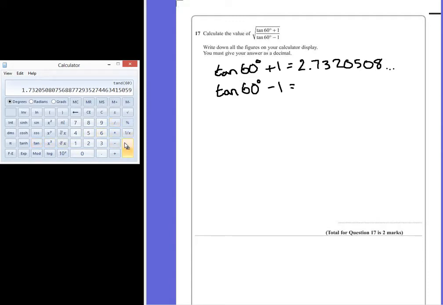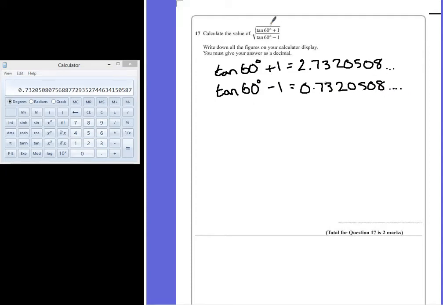It's a good idea to push equals afterwards to make sure that you've got your answer, and then we're going to subtract 1. This again gives us another long decimal value, 0.7320508, with a lot of other numbers.